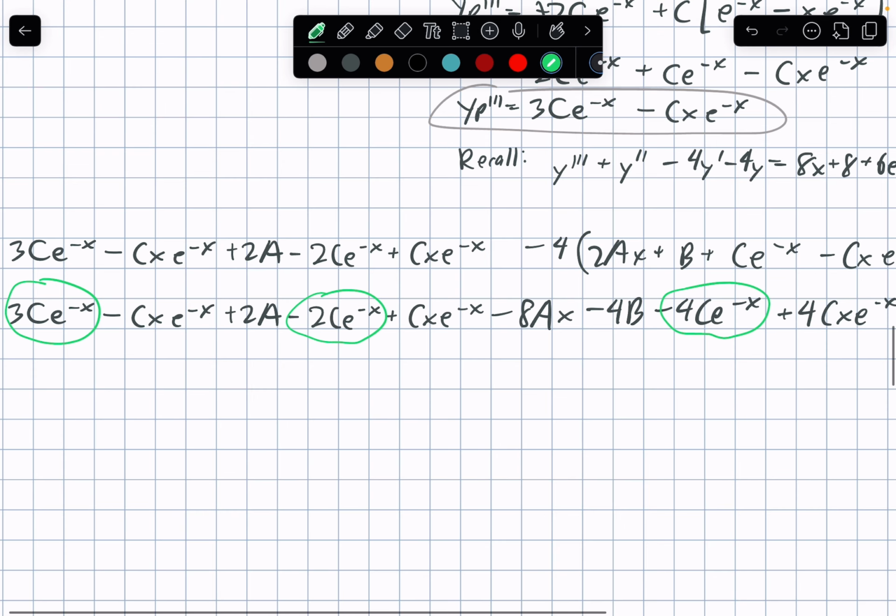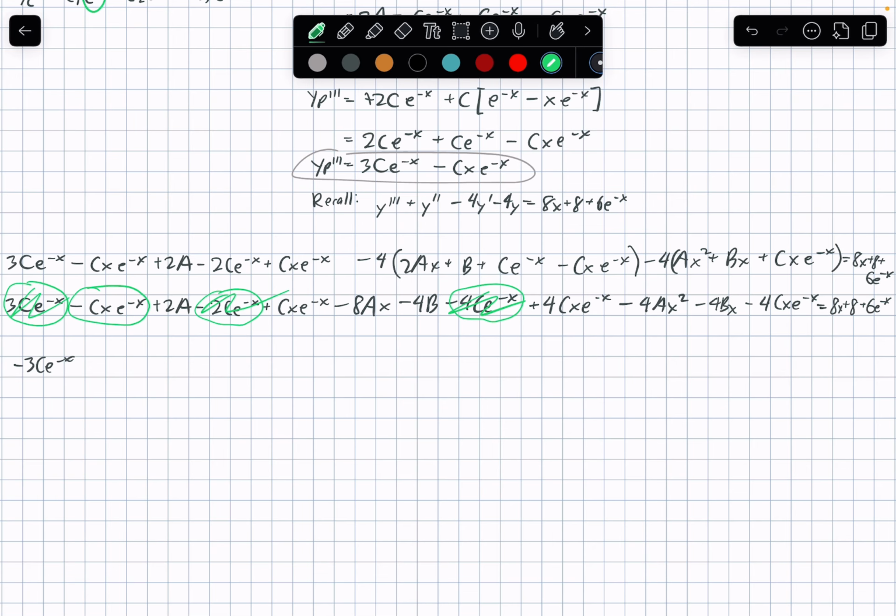Okay, that's everything for this. Negative 6 plus 3, negative 3. Okay, that's all done. Next is this, this, this, this.